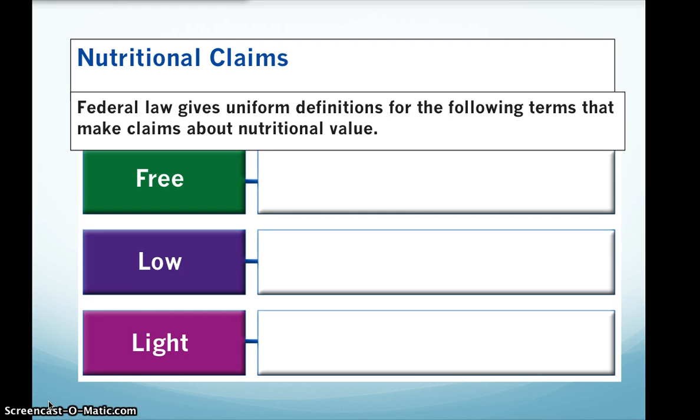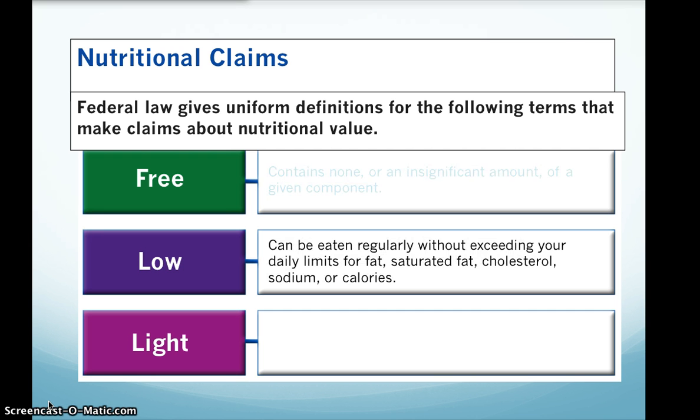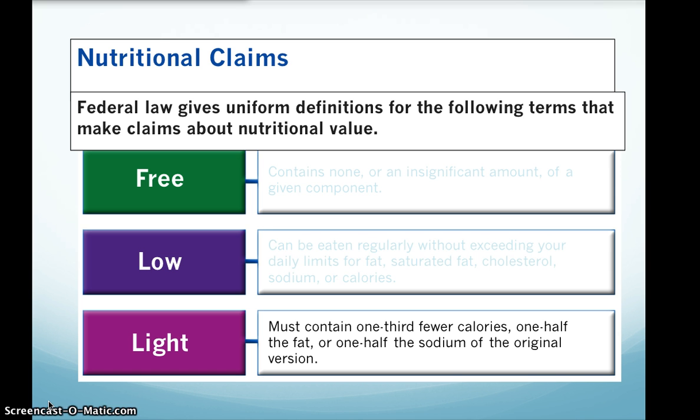When you see a food item that's listed free, fat-free, etc., it contains none or an insignificant amount of a given component. When you see something marked low, it means it can be eaten regularly without exceeding your daily limits for fat, saturated fat, cholesterol, sodium, or calories. And the last one that we see a lot of times, like on a lot of the yogurt that we might eat, is light.